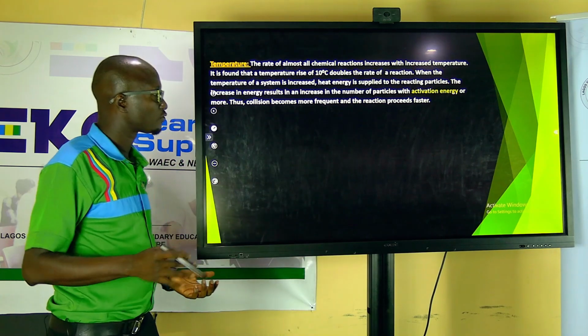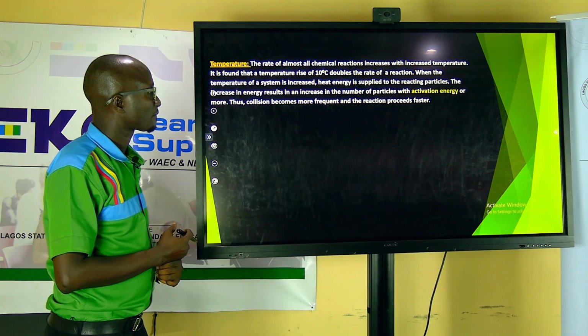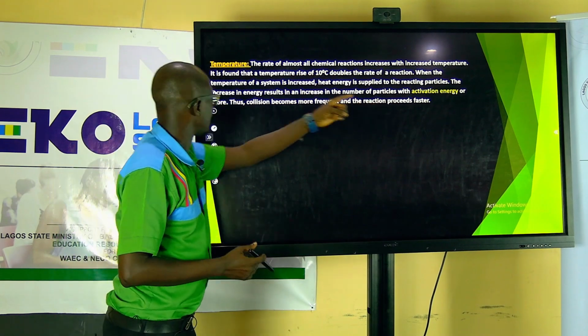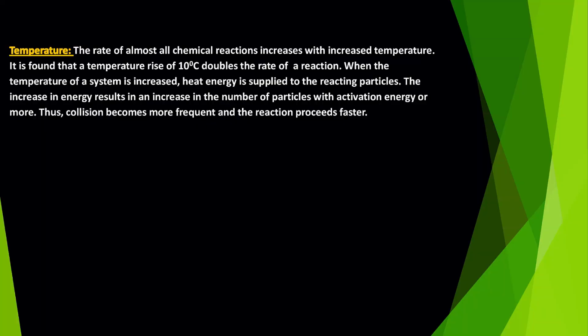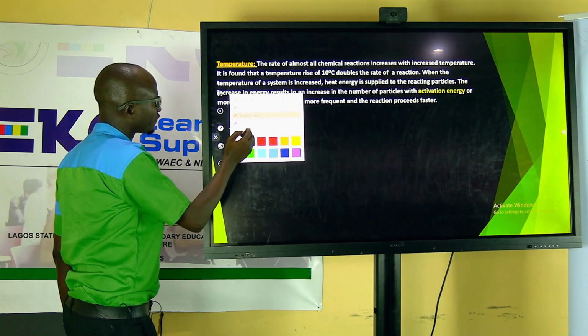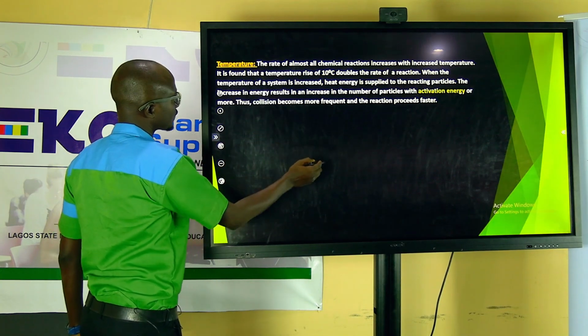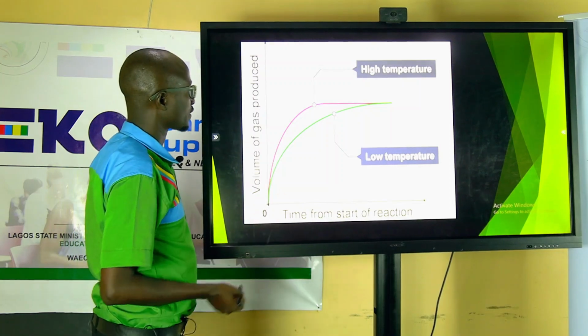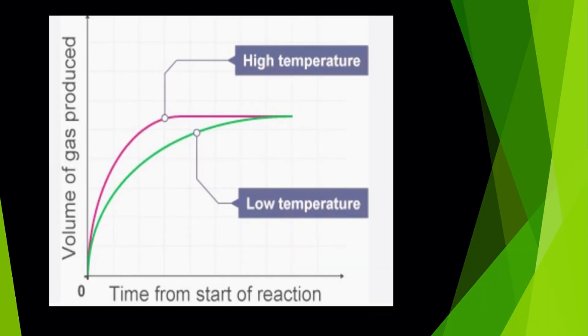So there must be a minimum energy. So that's why it is said that the increase in energy results in increase in number of particles with activation energy or more. So that's the effects of temperature. Yes, this diagram exemplifies what we have said. So the higher the temperature, the higher the rate of reaction.